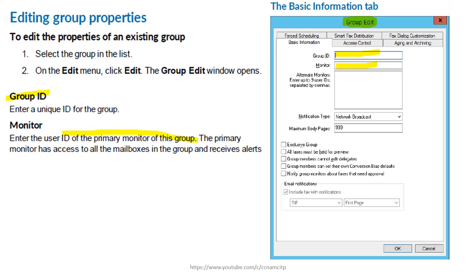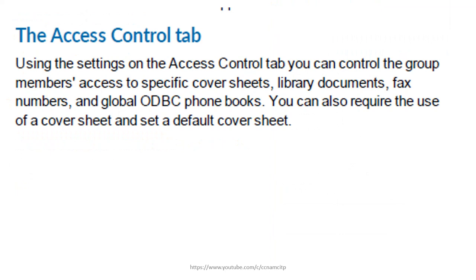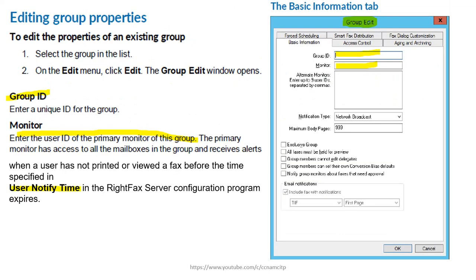The primary monitor has access to all the mailboxes in the group and receives alerts. You can also see the user notified time, which you can mention here in the RightFax server configuration program. So guys, this is the basic tab, the basic information about the group.